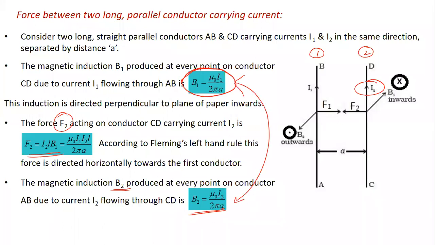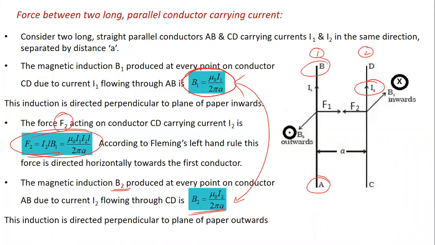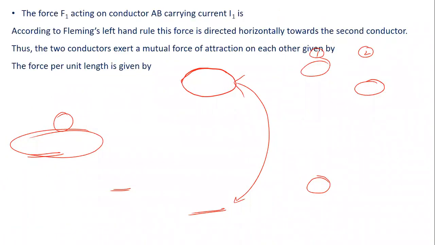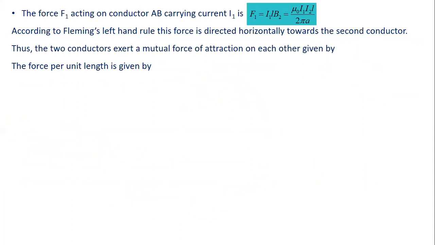In a similar manner we can find the force F1 acting on conductor AB, conductor 1. F1 is equal to I1 L B2. We substitute the value of B2 and get the formula for F1.